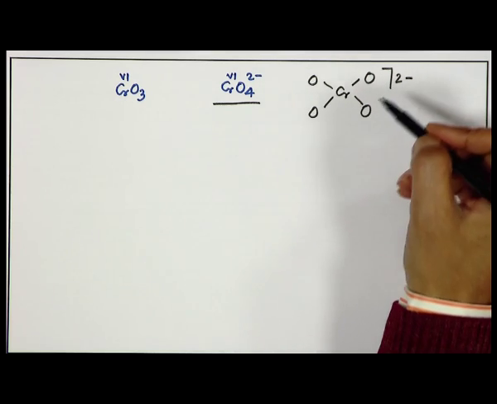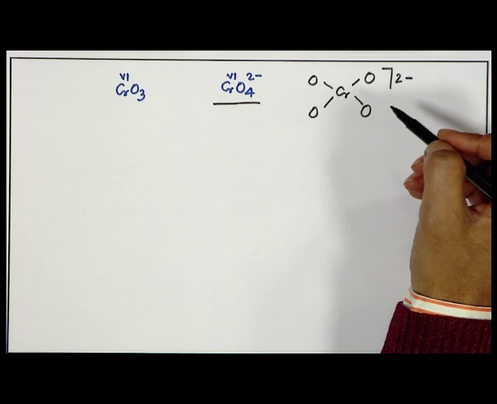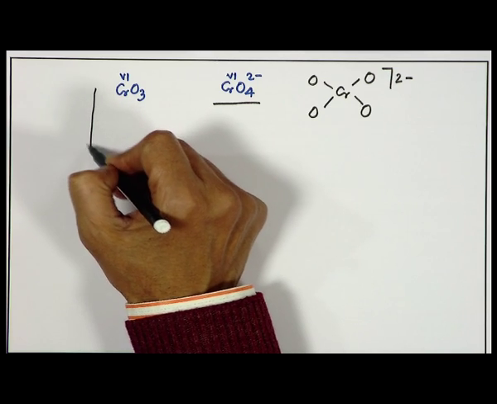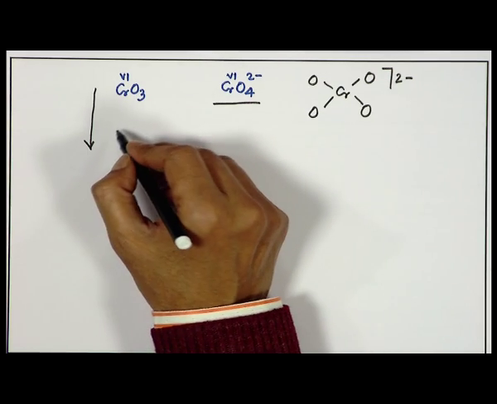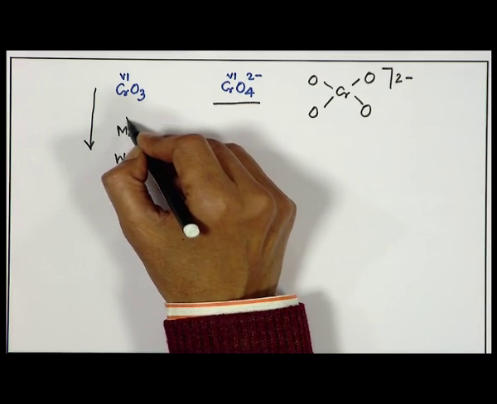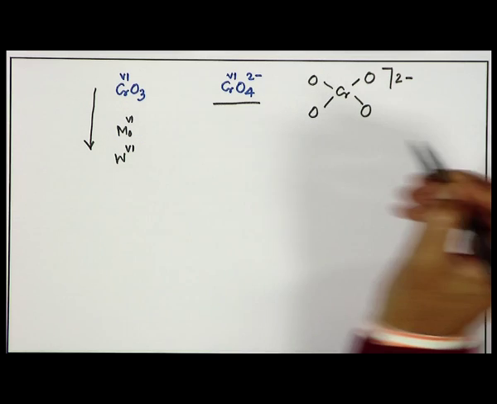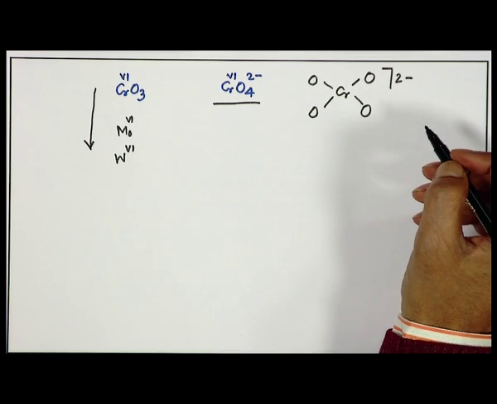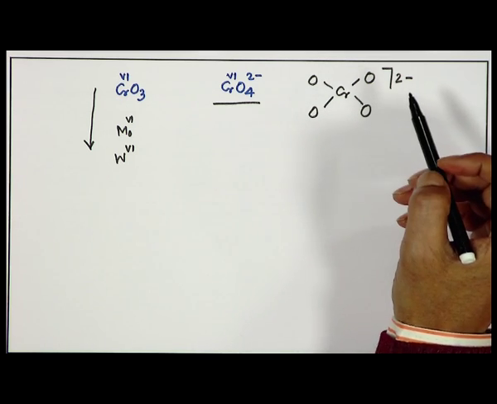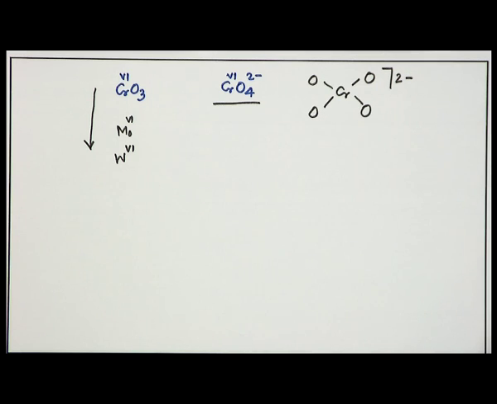So, the chromium oxygen multiple bond is not what is forming there, but as we move down to molybdenum and tungsten, again in the hexavalent state, molybdenum 6 and tungsten 6, we see the proposition we are discussing just now, that a 3-dimensional system or matrix type of system can be had for these.